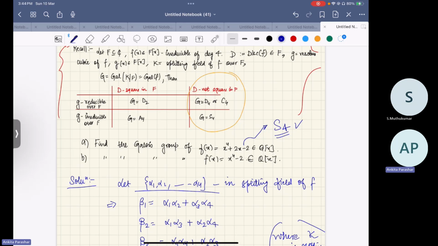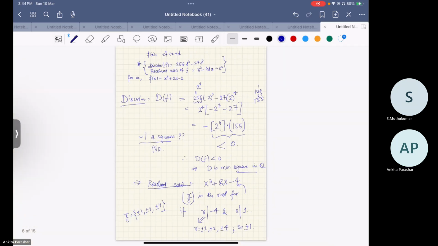All right, so what is the Galois group for the other polynomial? I think this is easier. x power 4 minus 2. I think the same is here, you have c value 0. C value 0 means we can easily calculate the discriminant, it is 256 d cubed.